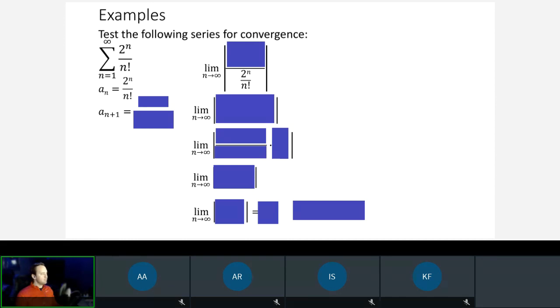Now we need to find a sub n plus 1. All we're doing is plugging in n plus 1 for all of your n's in the expression. So this becomes 2 to the n plus 1 divided by the quantity n plus 1 factorial. Not too bad so far.